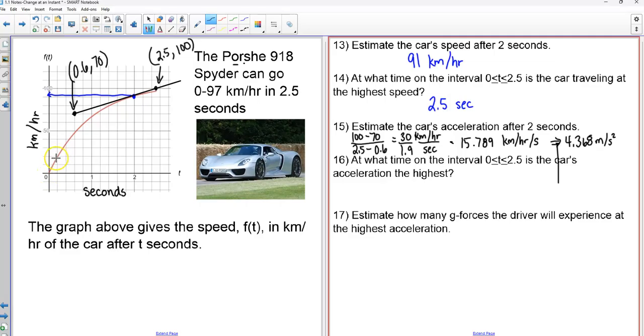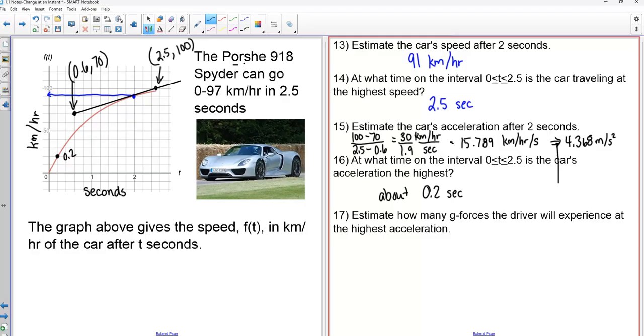So maybe 0.2, let's say, like right here in this first little bit. Right there. So about 0.2 seconds.